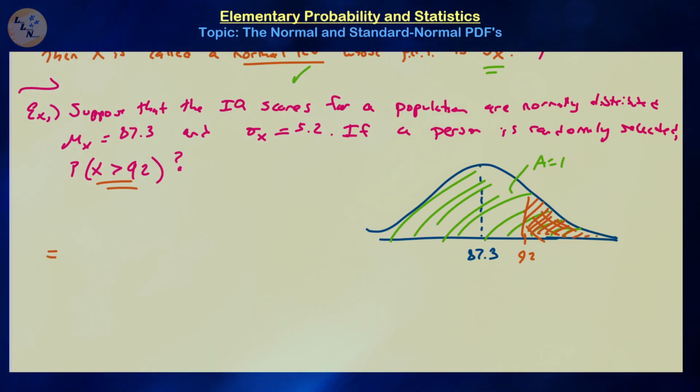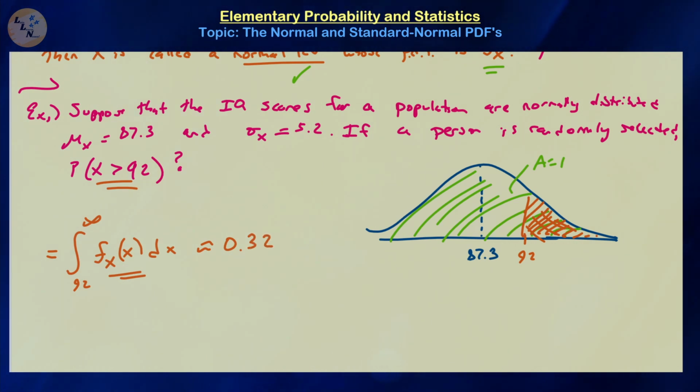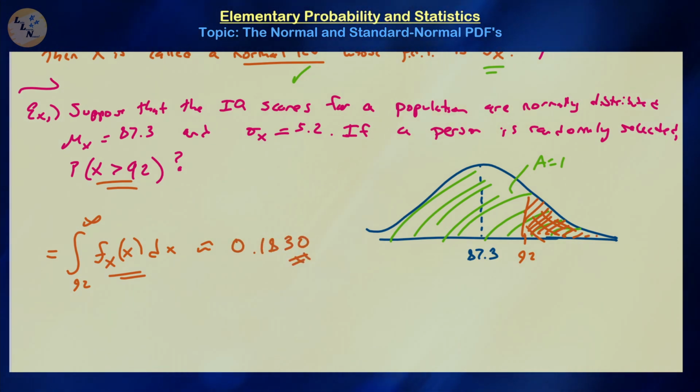That means this is going to be equal to the integral from 92 to infinity of our normal distribution function. And once you do this in Desmos, for example, you're going to have that it's approximately equal to 0.1830. Now, some people will use tables.